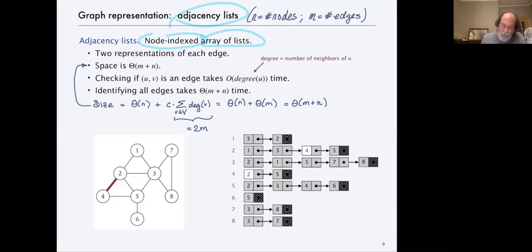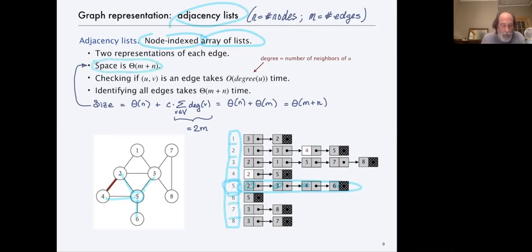So, for example, in this picture, this is our array of nodes, indexed by nodes, and associated with 5 is this linked list containing 2, 3, 4, and 6, indicating that in the graph the neighbors of 5 are 2, 3, 4, and 6.